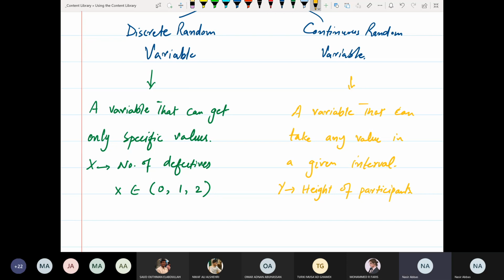But here the values are coming in jumps. In a discrete random variable, the values are coming in jumps. You can have either 0 or 1. There is nothing between 0 and 1. There are gaps between the possible values. Now, this does not mean that the integer values are always discrete and non-integers are always continuous.